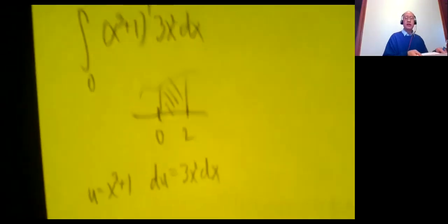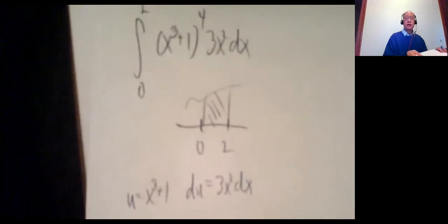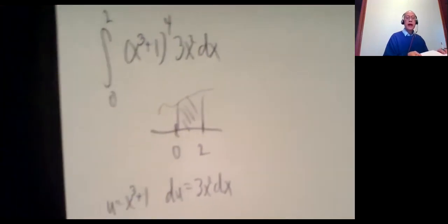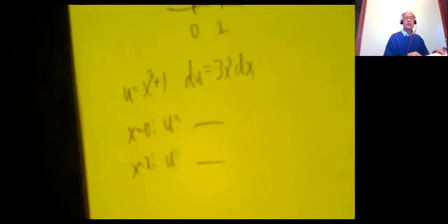Yes, we were doing a lot of this semester kind of fast, so we wouldn't have to do all the u substitution, but here I really want to do it. So that's going to be u to the 4th, that's going to be du. And these limits change also, don't they? So when x goes from 0 to 2, what happens to u? x equals 0, u equals blank. x equals 2, u equals blank.